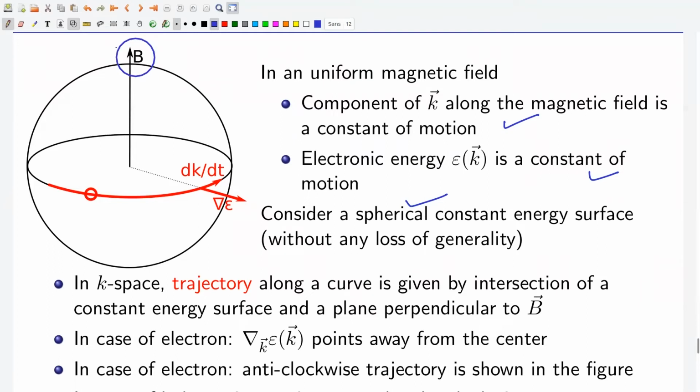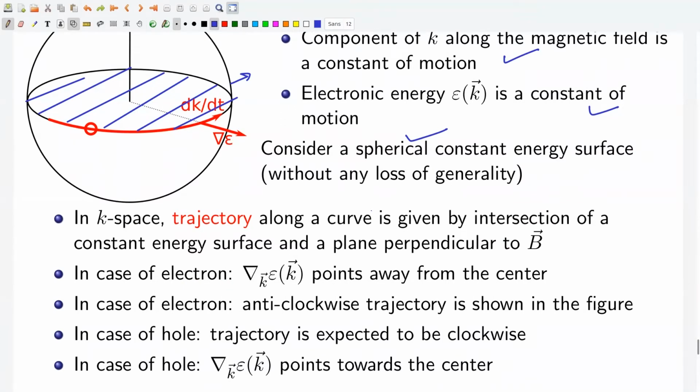Since component of K along the magnetic field does not change with time, the electron orbit must be confined to a plane perpendicular to the external magnetic field, that is this plane. Moreover, since energy is also a constant of motion, the electron orbit has to stay on the constant energy surface. In this case, a spherical surface.